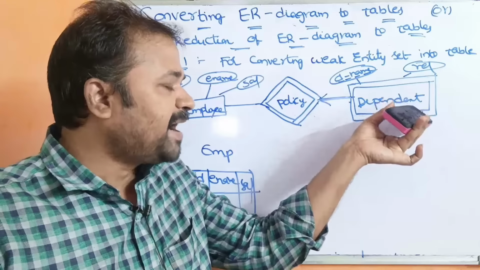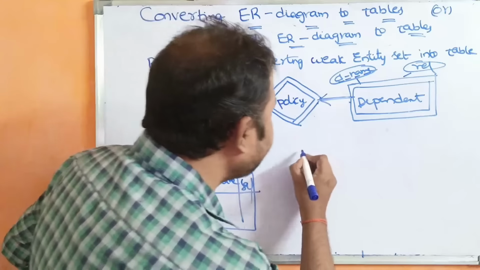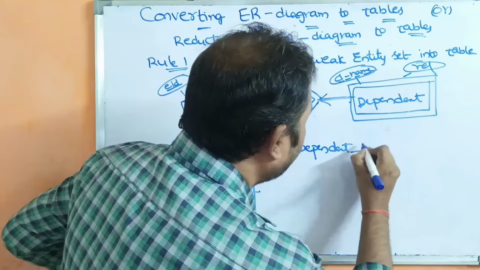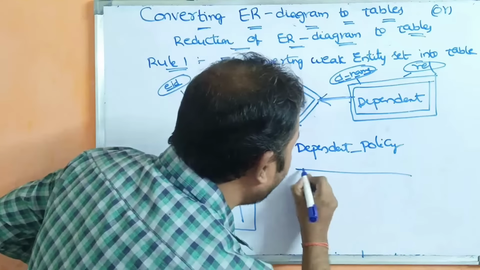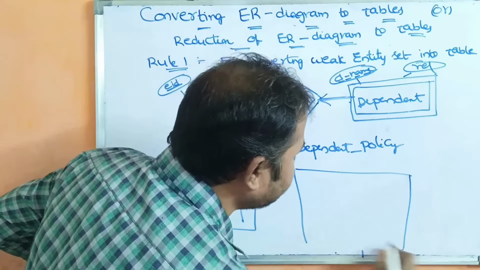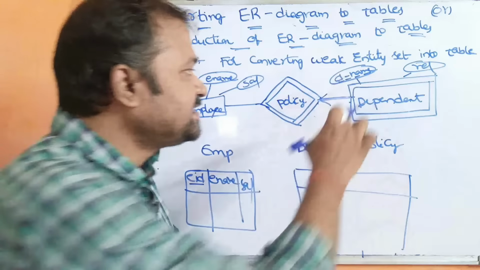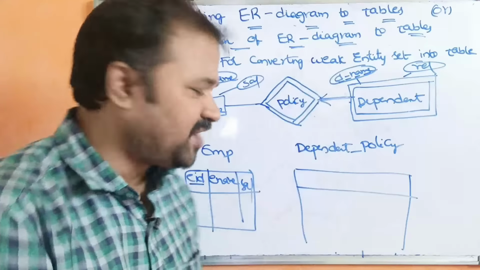We have to combine the weak entity set with the relationship. So the second table name is dependent_, what is the name of the relation? Policy. Now dependent_policy contains the attributes of the dependent table. Here this is the partial key. Partial key is always represented by a dashed line. Okay.